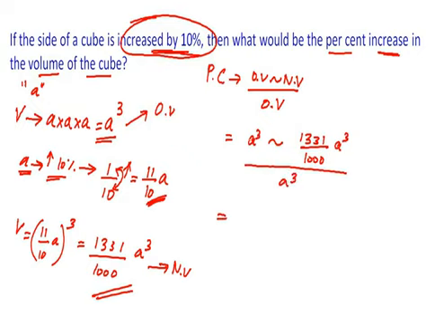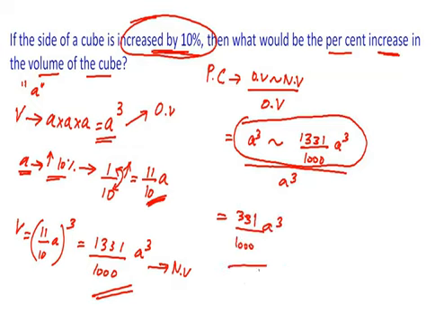Now if we try to find the difference between these two parts, we are going to end up with 331 divided by 1000, A to the power of 3, the whole divided by A cube, right? Now we can cut off this and this and we'll be ending up with 331 by 1000. And if we try to remove 10, we can rewrite the same as 33.1 divided by 100, right?